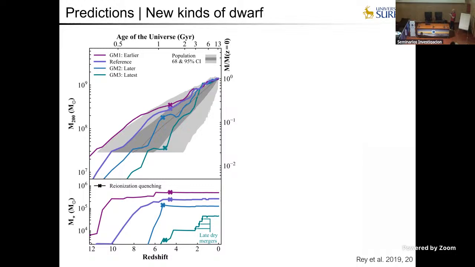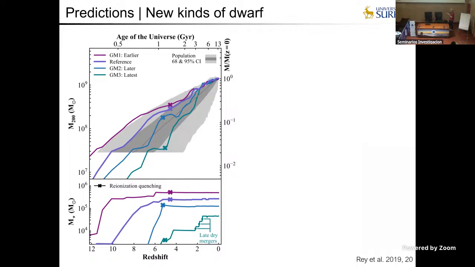Okay, but what it means is if you're very massive, like this one, before reionization, then you can form lots of stars because basically the more massive you are, the faster you form stars. So this galaxy is forming stars like the clappers, and then reionization comes along and it's done. But this fella has barely formed before reionization comes along and zaps all the star formation. So there's lots of little pieces that form a few stars. Reionization kills all of them, and this galaxy actually then builds up through the late dry mergers of all these little reionization relics, okay?